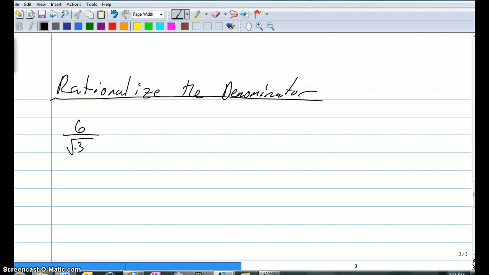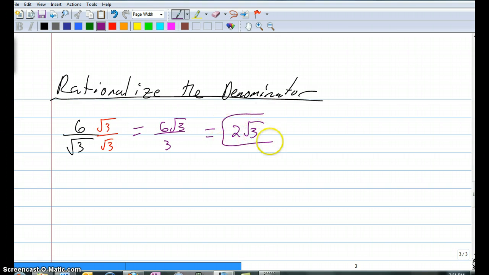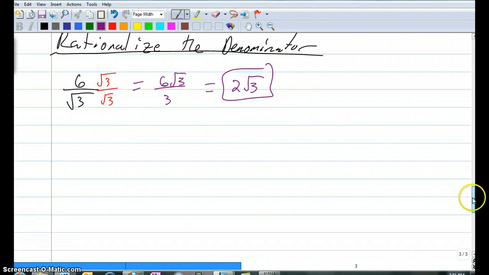Somebody decided you're just not allowed to have a radical in the denominator. So in order to fix that, we got to multiply the top and bottom by root 3, and we would get 6 root 3 divided by 3, which again reduces to, that's right, 2 root 3. We've done that before.